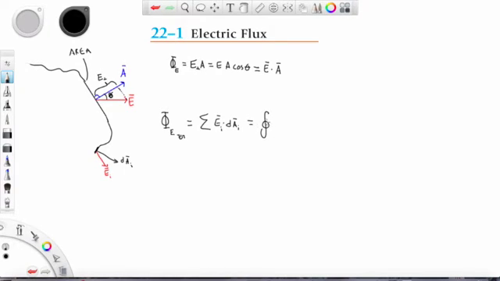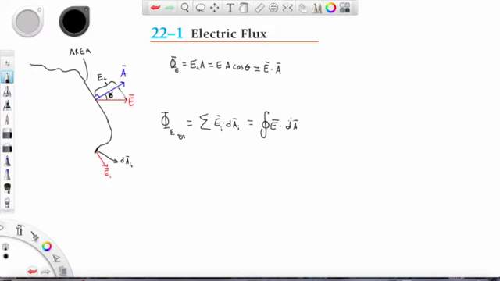This means surface integral. So we investigate every little piece on the surface called dA, and we dot product that vector by whatever happens to be the electric field at that point.